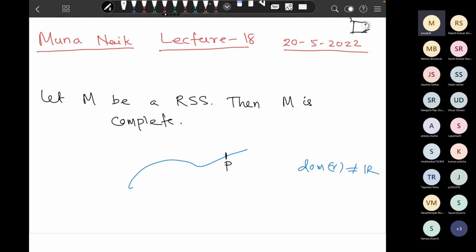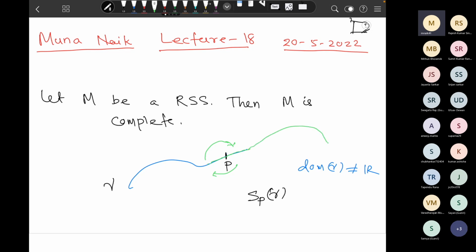If you apply S_p to this geodesic gamma, S_p simply flips the geodesic about p. So essentially it will flip the geodesic, and it will continue in this direction.